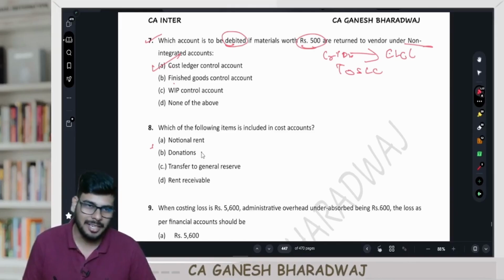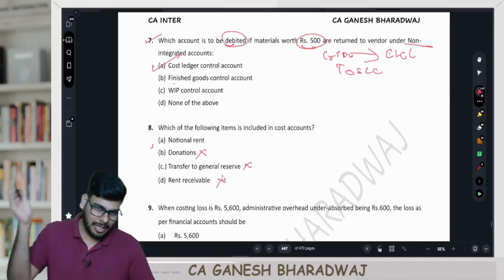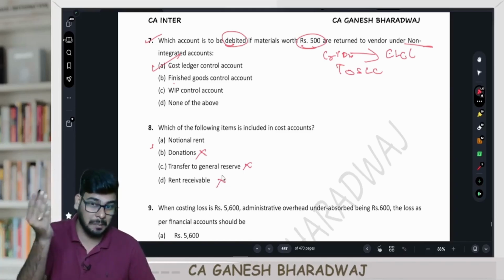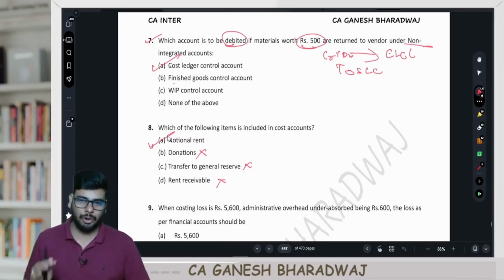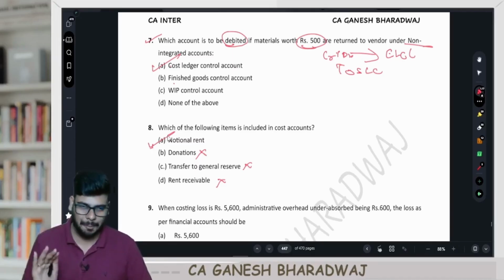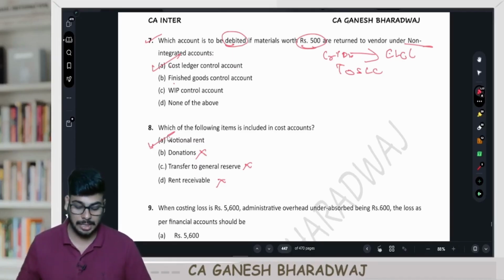No, not for business purpose. Transfer to general reserve. Do we even do all these things? No. Rent receivable is a non-operating income. Clearly no. If at all there is something that may be considered, it can only be notional rent. Clear with this? Out of the 4 options, this is the option that is more appropriate. That's all. Clear, guys? Fine.